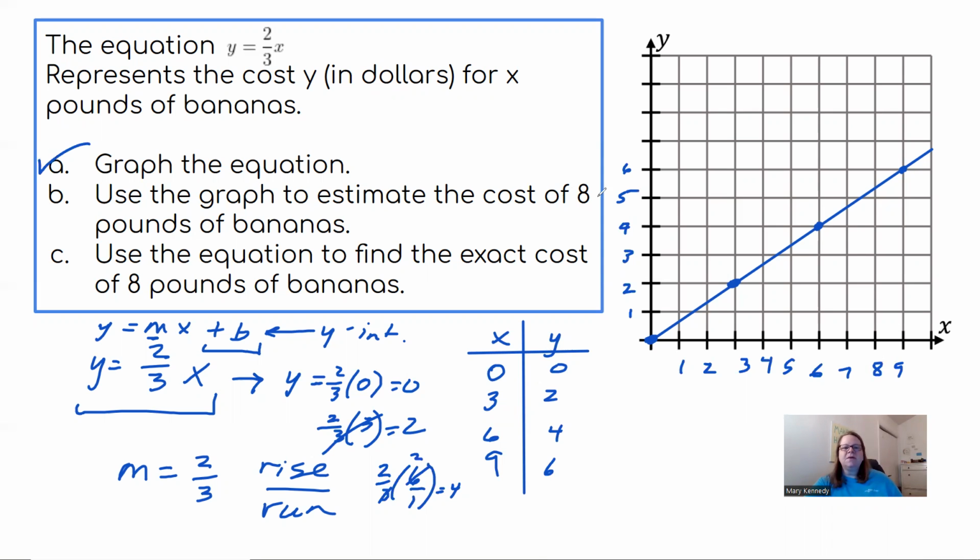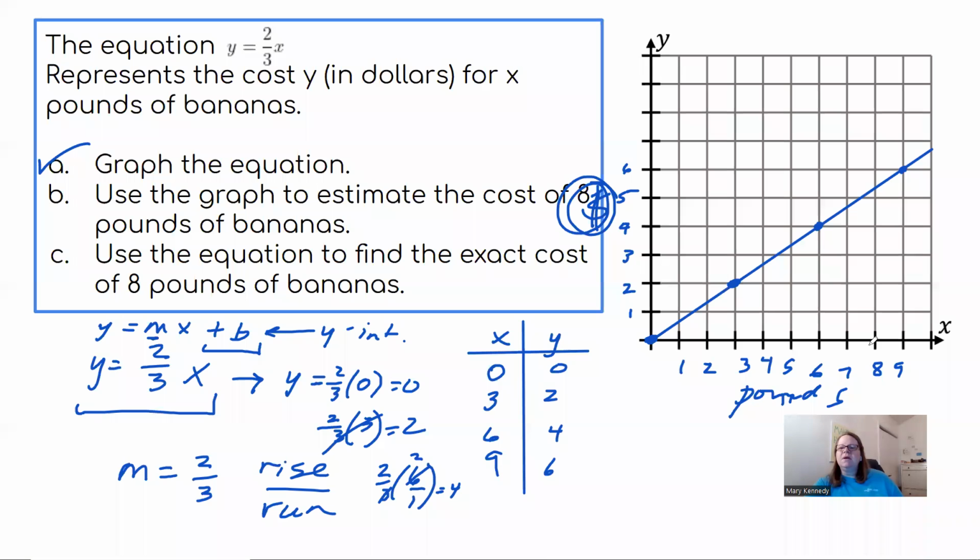Use the graph to estimate the cost of 8 pounds of bananas. Okay, so think about, this is dollars over here, and this is pounds along here. Always good to label your axes as you think about this. So this is dollars on the left side. We're estimating the cost of 8 pounds of bananas.